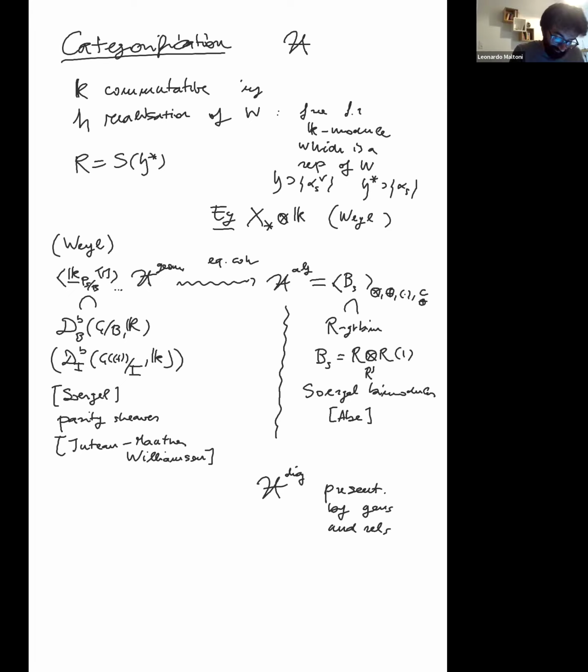So in general of the Soergel bimodules, and in the Weyl case also for the geometric category. And this was a result by Elias and Williamson, who introduced the diagrammatic category.